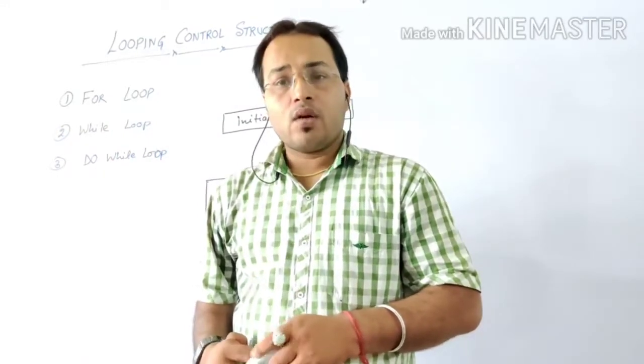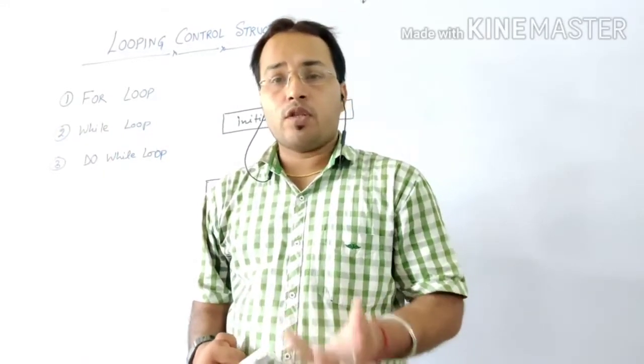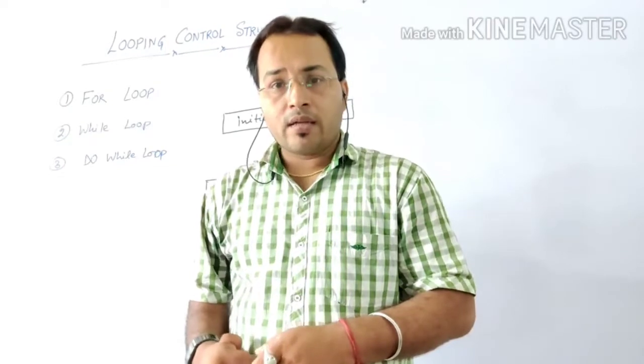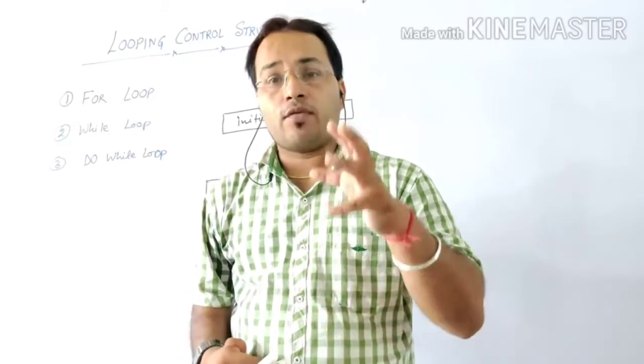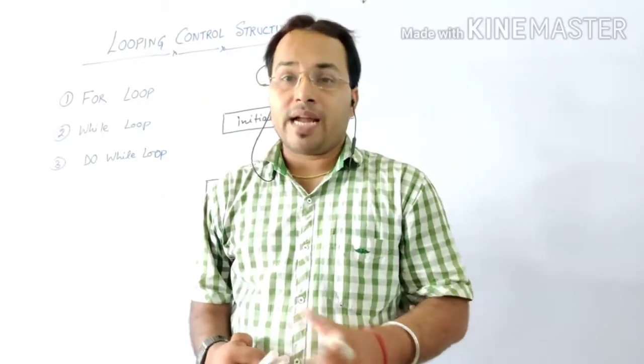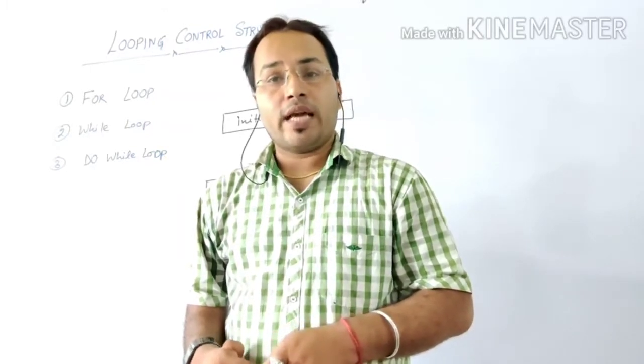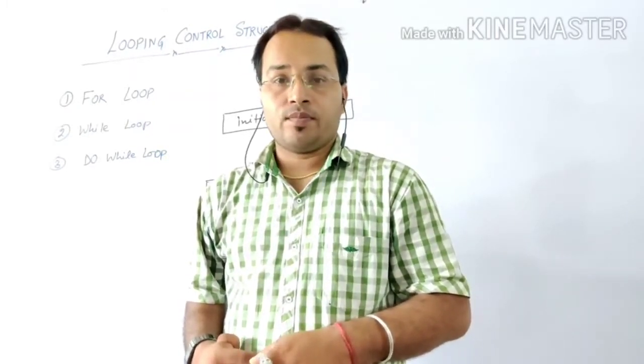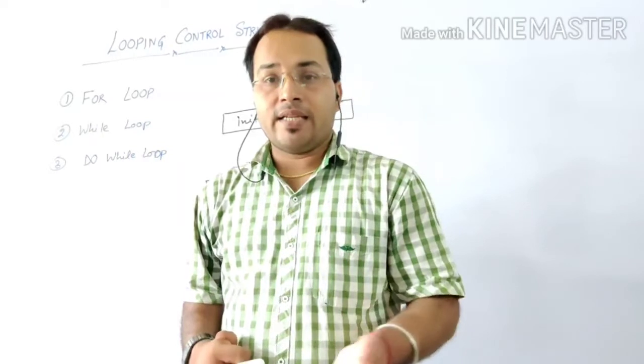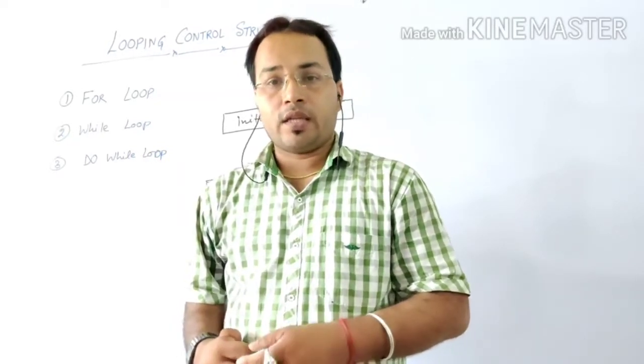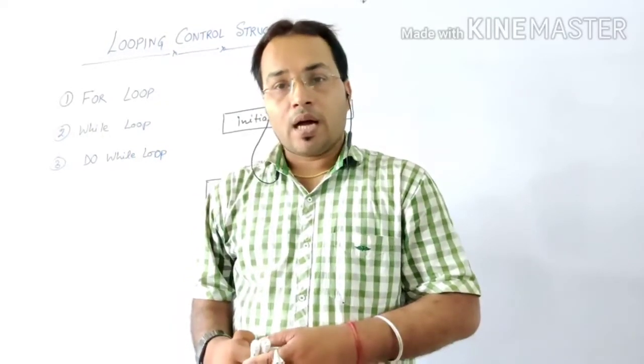The next one is while loop, just the opposite of for loop. When the number of executions is not fixed in your program, in that situation we will take while loop. Suppose there is a number, 153, and we have to find out whether it is an Armstrong number.